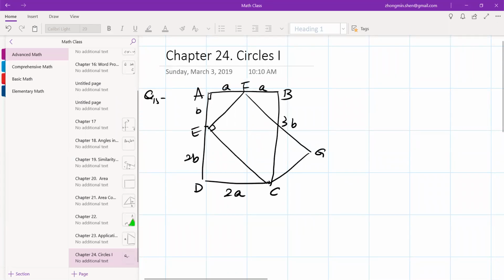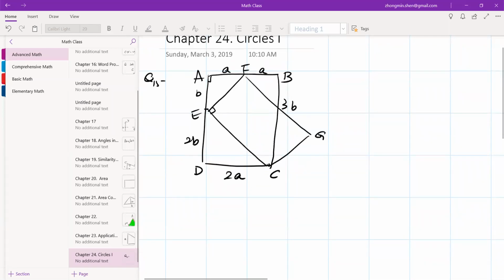So the problem is, I claim there is a relationship between A and B. The relationship cannot be arbitrary. Otherwise, if there's no relationship between A and B, you're not going to be able to find the ratio.